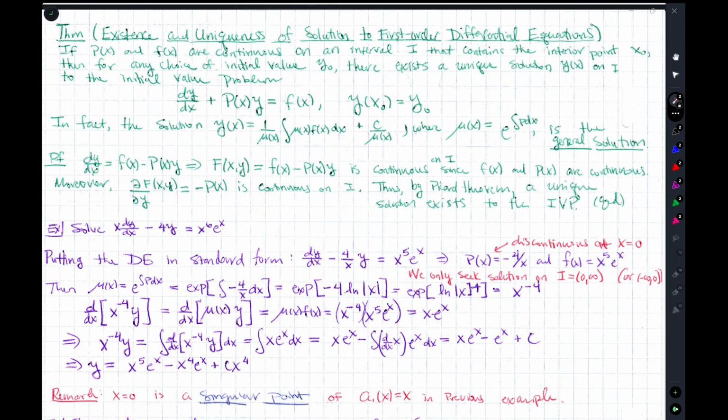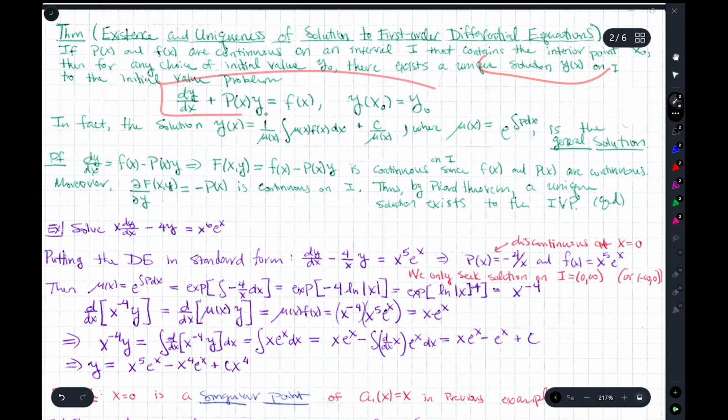So now we have this powerful theorem for linear equations, the existence and uniqueness for the initial value problem. If p of x and f of x are continuous on an interval I that contains the interior point x naught, then for any choice of initial value y naught, there exists a unique solution y of x on I to the initial value problem.